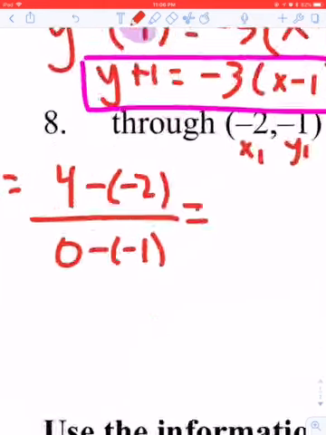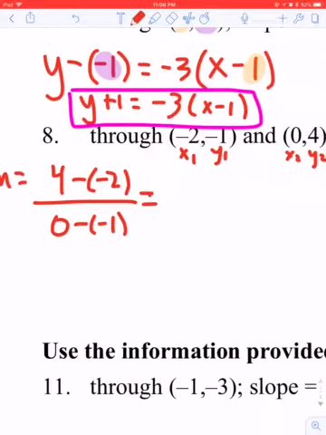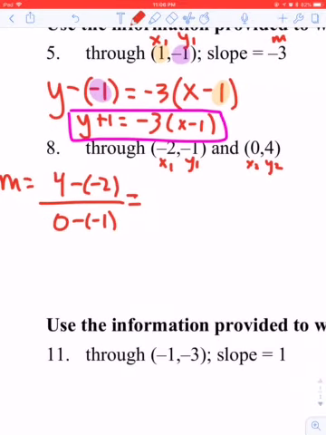And again, I have two minuses, that becomes a positive, so I get 4 plus 2, and on the bottom I get positive 1, so that gives you 6 over 1. And your slope, m, is equal to 6.